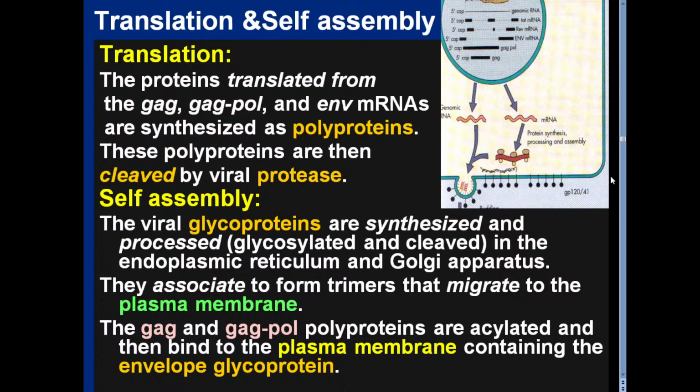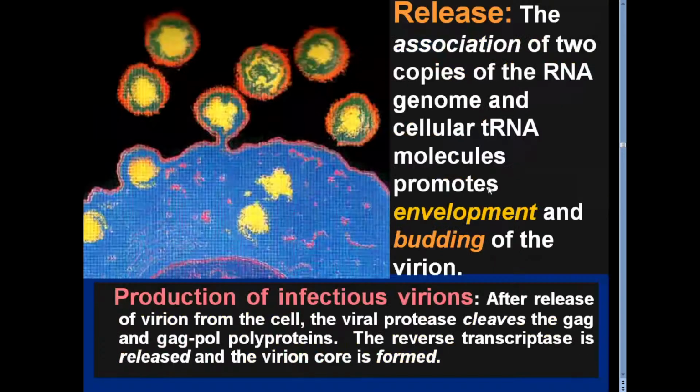GAG and GAG-POL polyproteins are acylated and bind with the plasma membrane containing envelope glycoproteins. Then 2 copies of RNA associate in the place of various accumulations of proteins and glycoproteins.